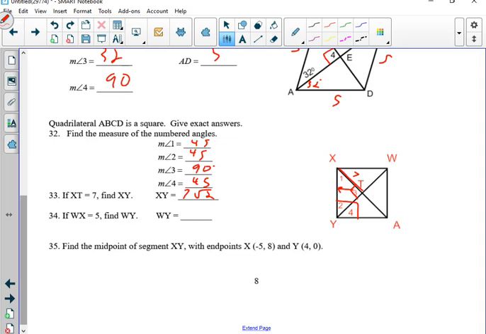If WX is 5, find WY. Well, this is 5. This is a right angle. That makes this the hypotenuse. So again, we take the leg times radical 2 to get the hypotenuse.